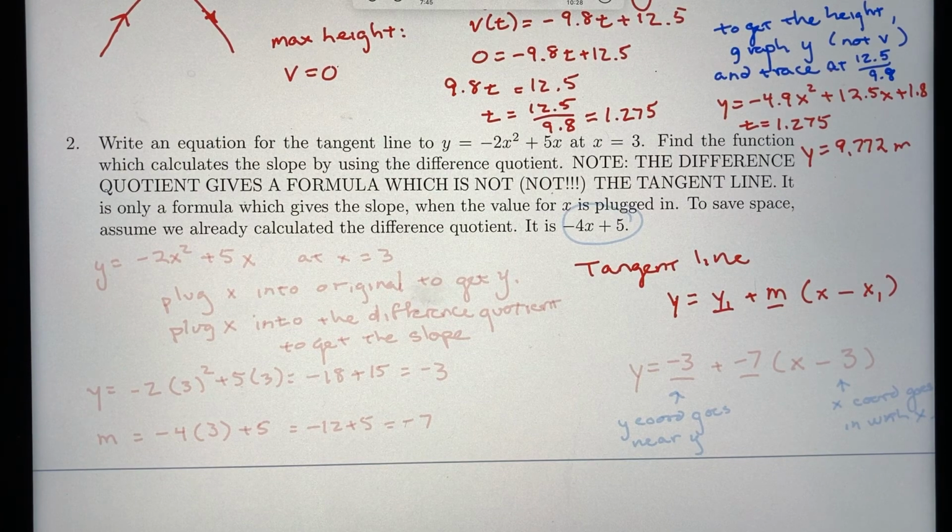Write an equation for the tangent line. I really strongly suggest point slope form for the equation of a tangent line. We're going to use the difference quotient to figure out what the slope is. The point, let's see.